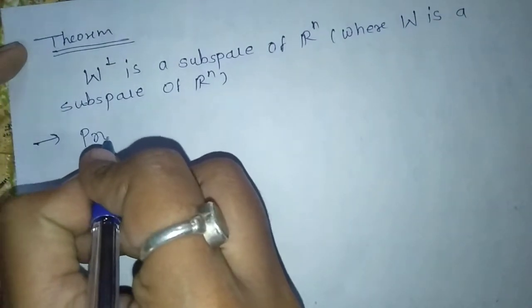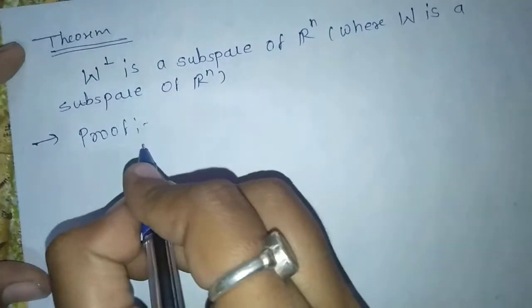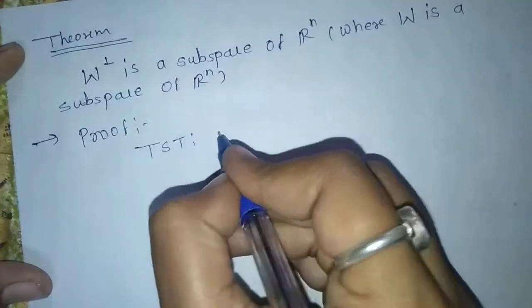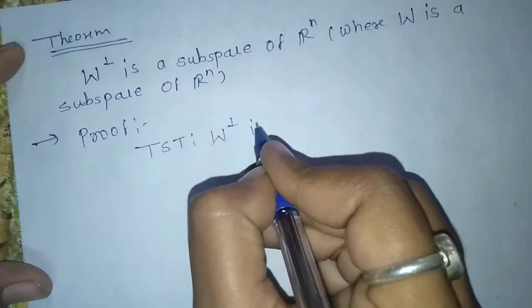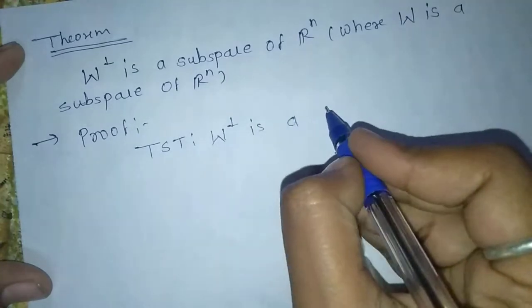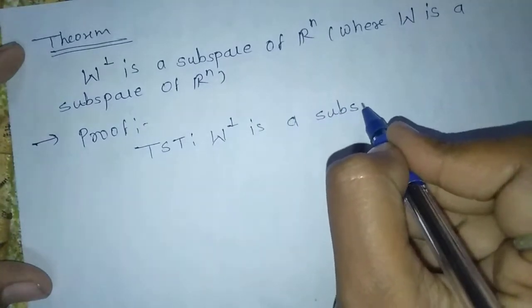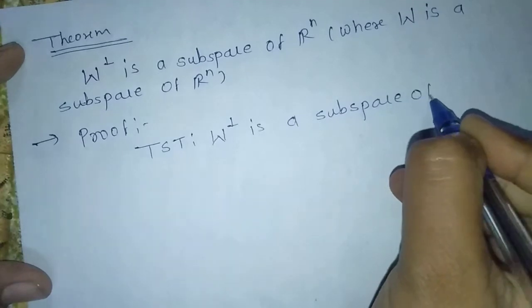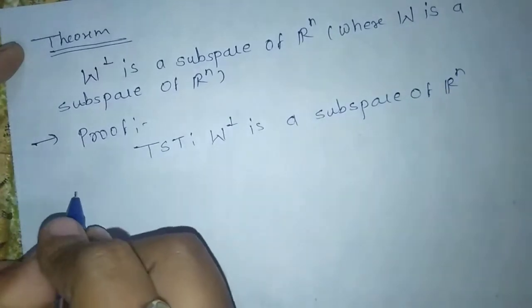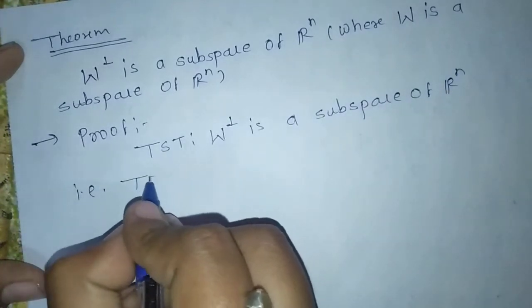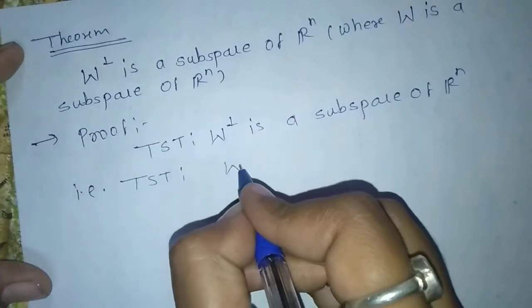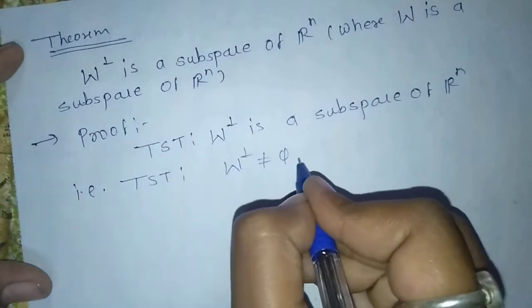Proof: to show that W perp, or W complement, is a subspace of Rn, that is, to show that first, W complement is non-empty.